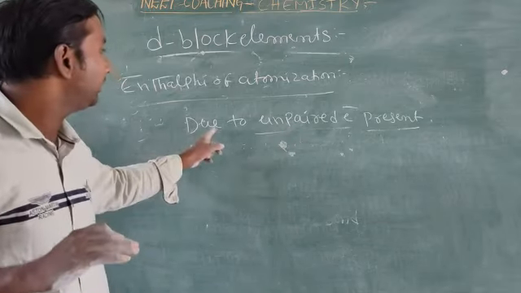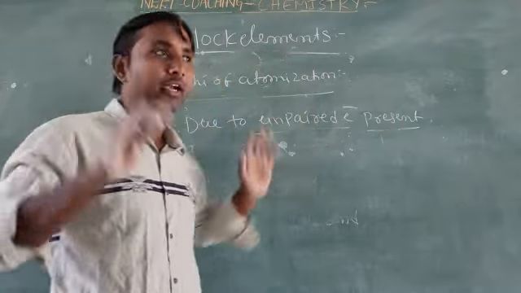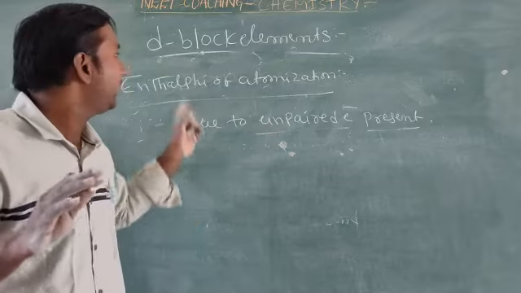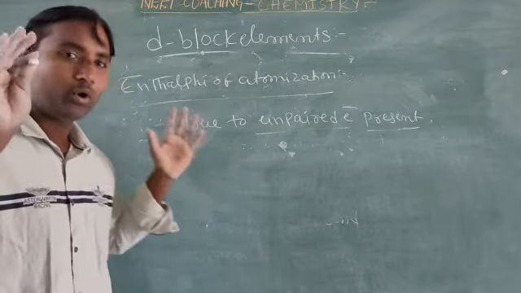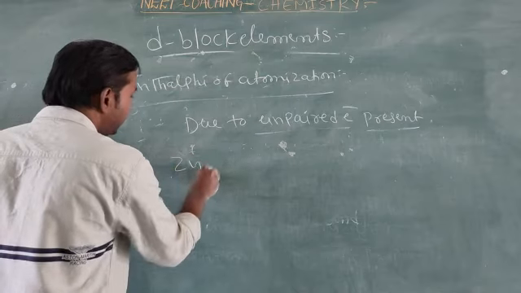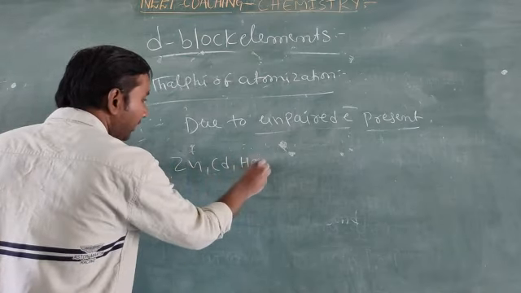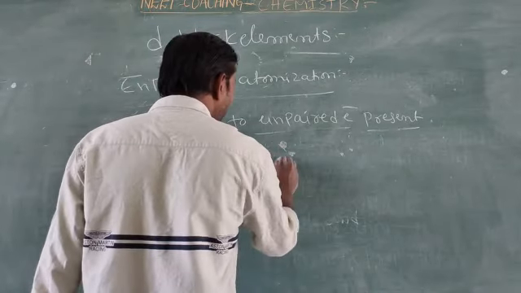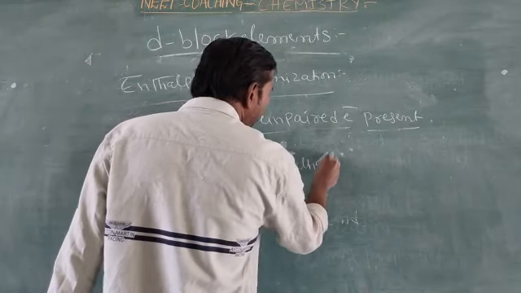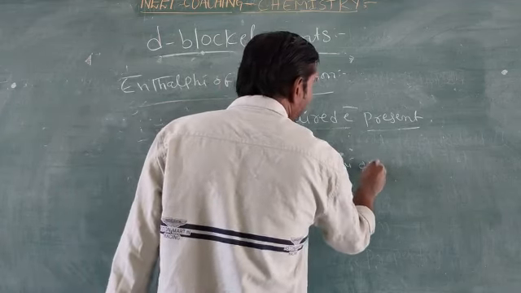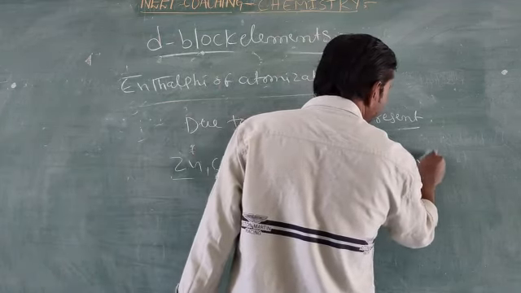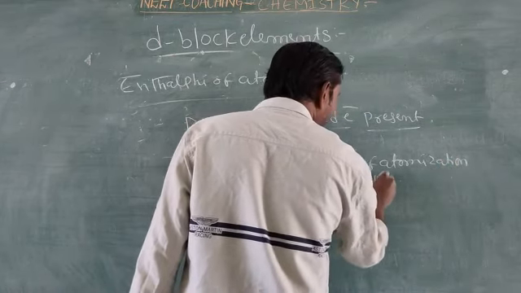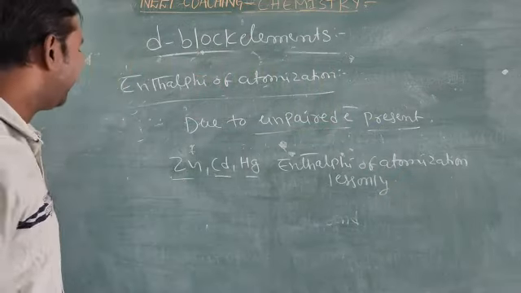p block elements. What is the reason? Due to unpaired electrons present. The element having more unpaired electrons has more enthalpy of atomization. For example, zinc, cadmium, mercury have very low enthalpy of atomization. What is the reason?